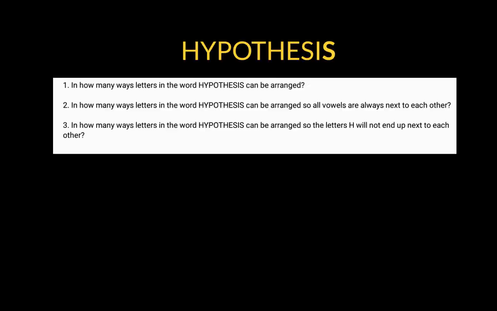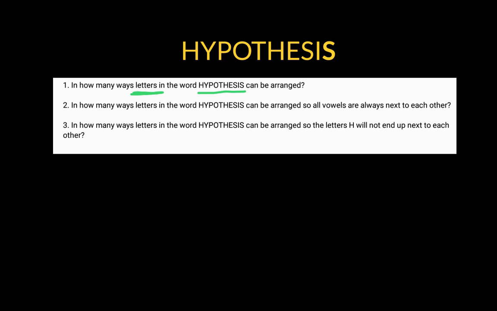And the next word I would like to look at is the word hypothesis. Also a mathematical word, but you've done statistics, you've done mathematics, you've done parallelogram, so we can look at hypotheses. And your typical question: in how many ways can all letters in the word hypothesis be arranged?